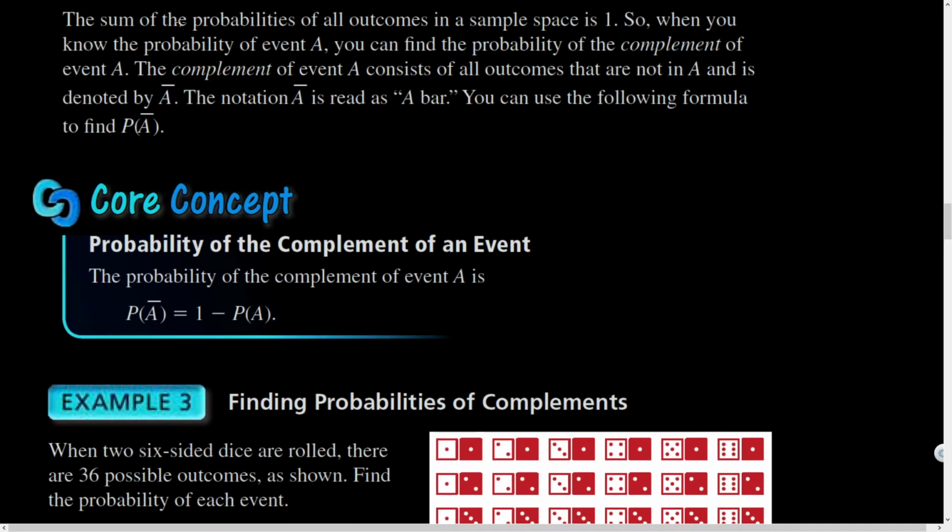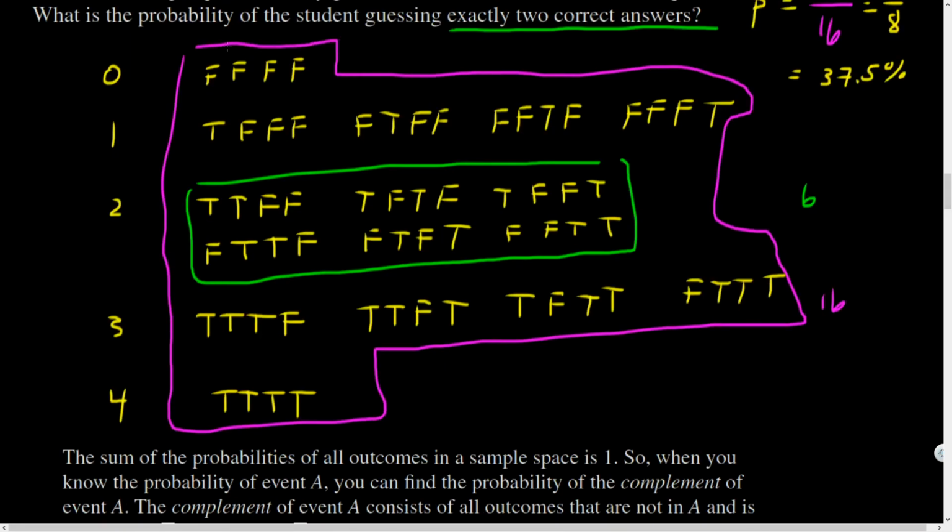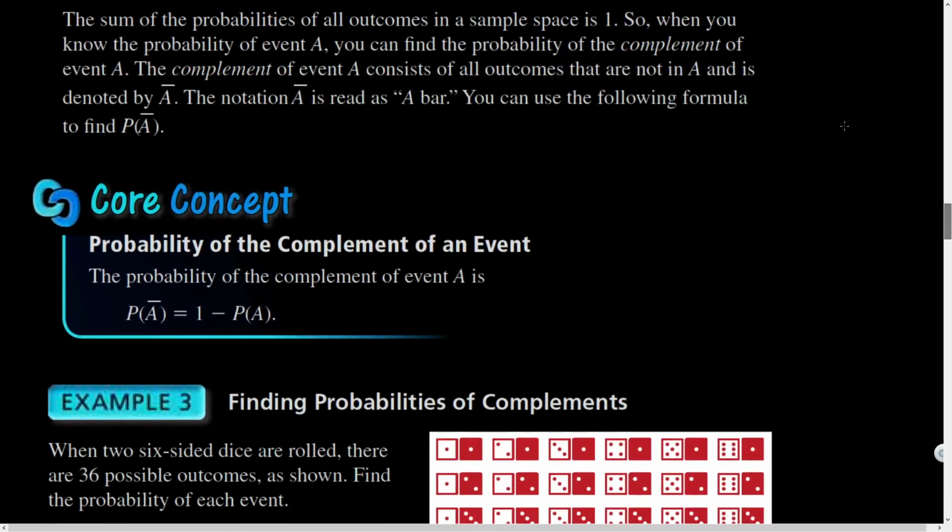The sum of all the probabilities of all outcomes in a sample space is 1. 100%. So the probability of all of these possible events occurring has got to add up to 100%. There's not some secret mystery outcome that we didn't list. And so when you know the probability of event A, you can find the probability of the complement of event A with this little trick.